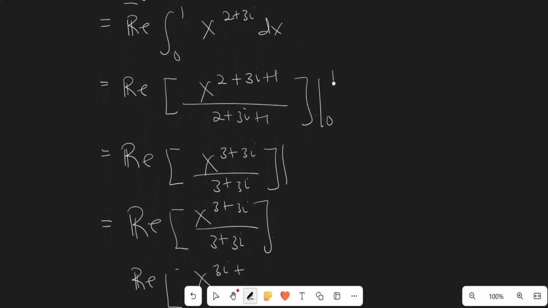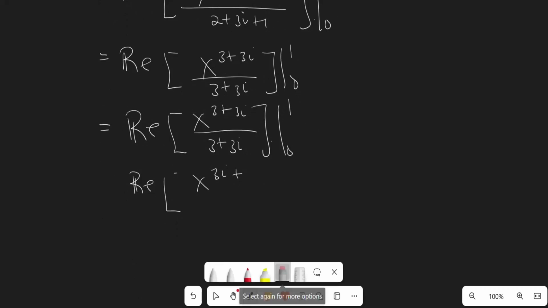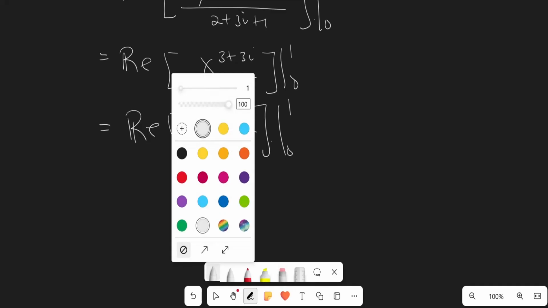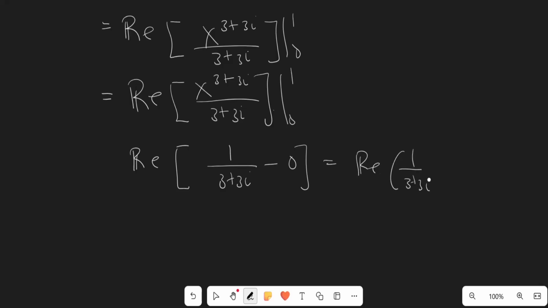So if you plug in 1 for x, this is just going to be 1 all over 3 plus 3i. Minus, plug in 0, everything is 0. So you're left with the real part of 1 over 3 plus 3i.